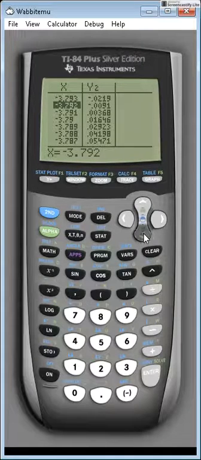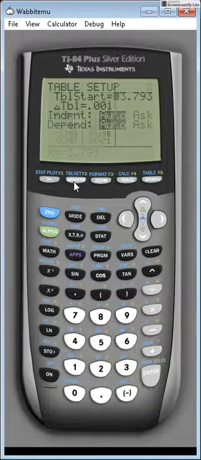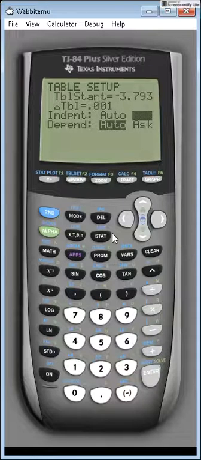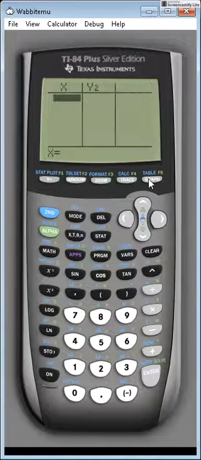So now I know it's between 3.79. So at this point, if you want to change your table to ask instead of auto, now when I go to my table, I can keep entering values. 3.791.